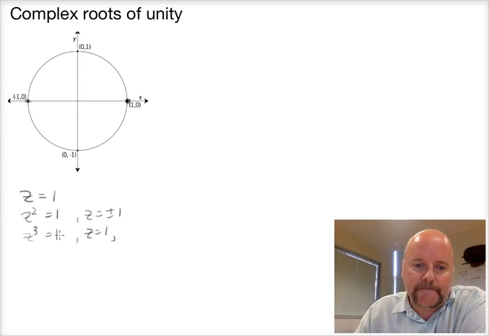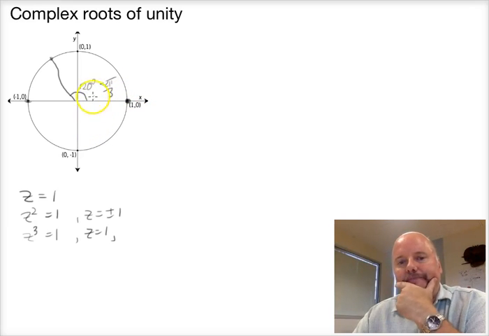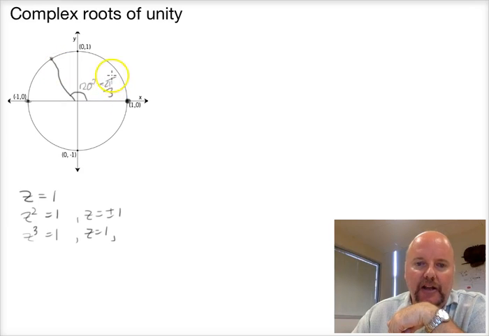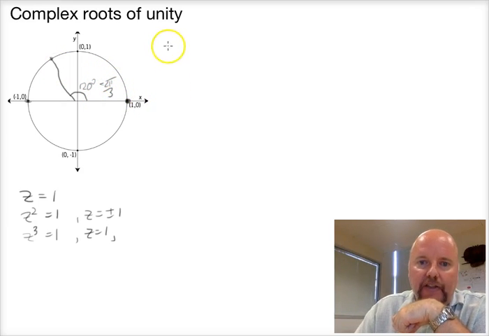So pause it now. Okay, so this is where they are. I'm going to draw another one over here, and I'll show you why this one works. I'm going to make that angle there 120 degrees. Now 120 degrees is 2 pi on 3. So if I had a complex number which had a modulus of 1 and an argument of 2 pi on 3, I could write that as cis 2 pi on 3.